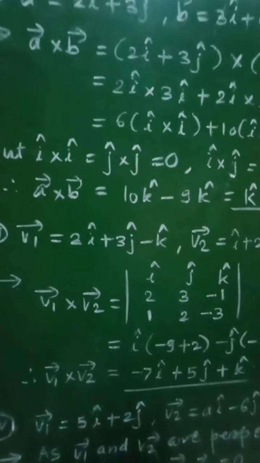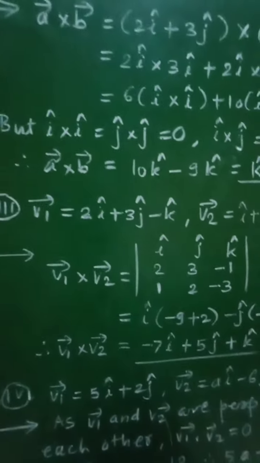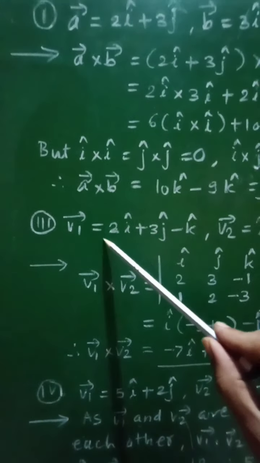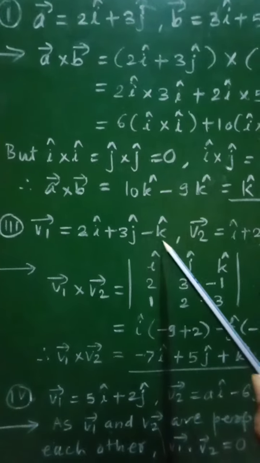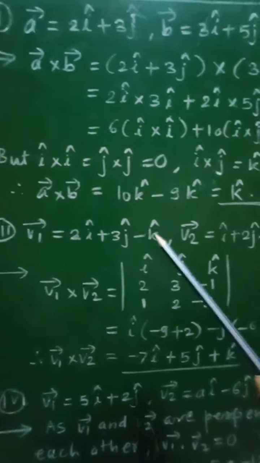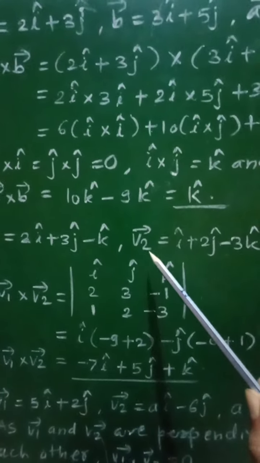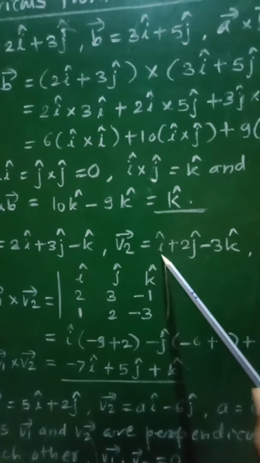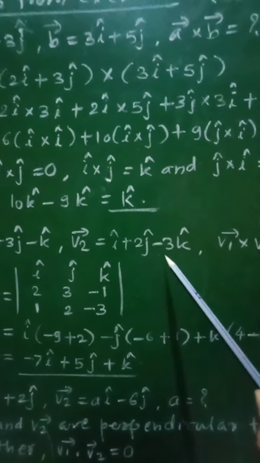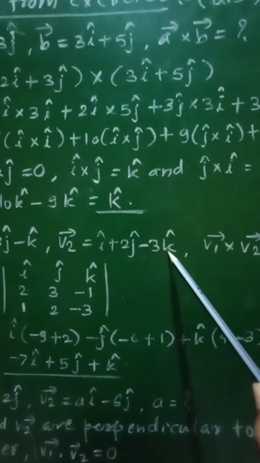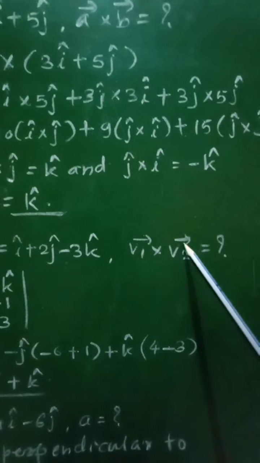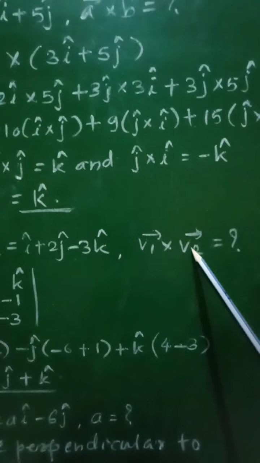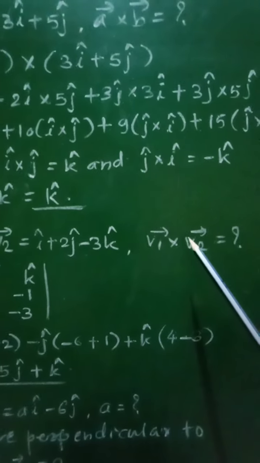So for this numerical number 3, the given data is vector v1 is equal to 2 i cap plus 3 j cap minus k cap, and vector v2 is equal to i cap plus 2 j cap minus 3 k cap. We have to find out vector v1 cross vector v2, so the vector product of these two vectors we will have to find out.